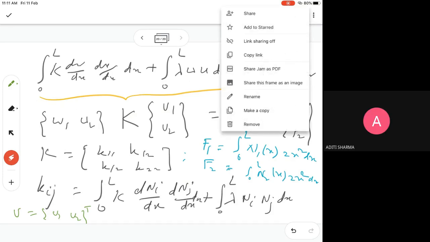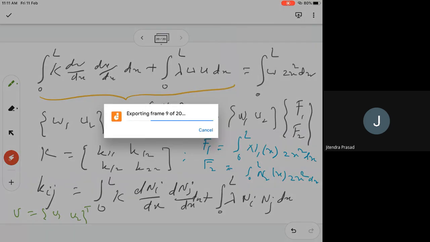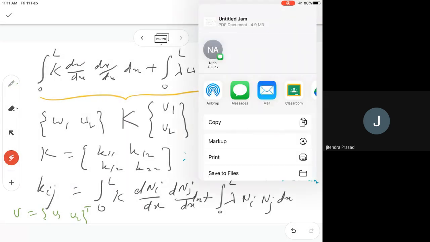sir, what is outside? Just a minute. Let me save it, because this can only, there can be only maximum 20 pages. Okay, let me save it first. Okay, I have to open new page now. Just a minute.